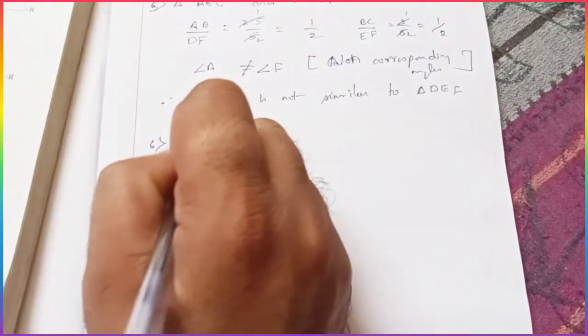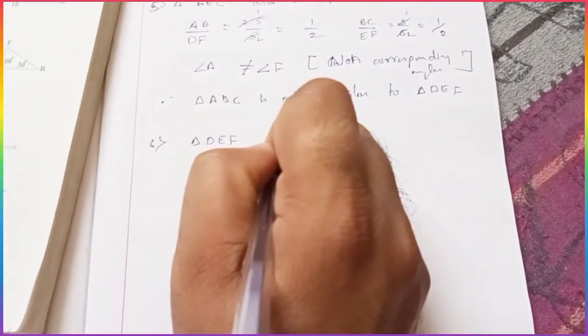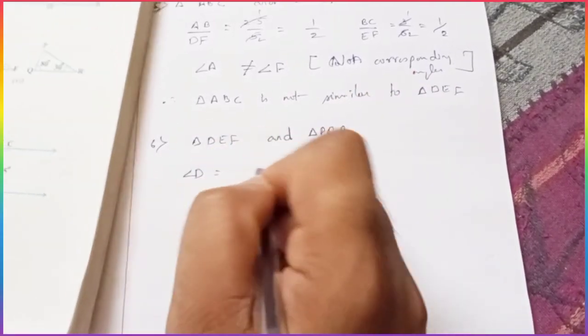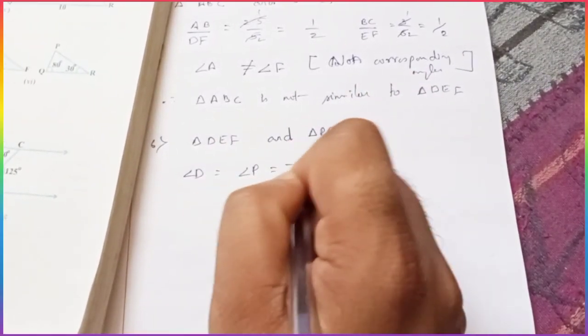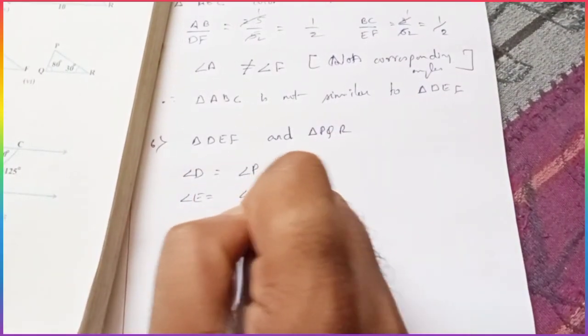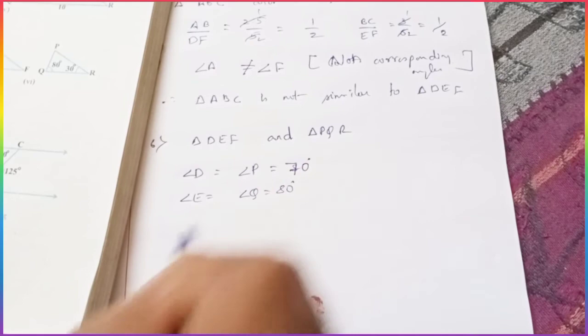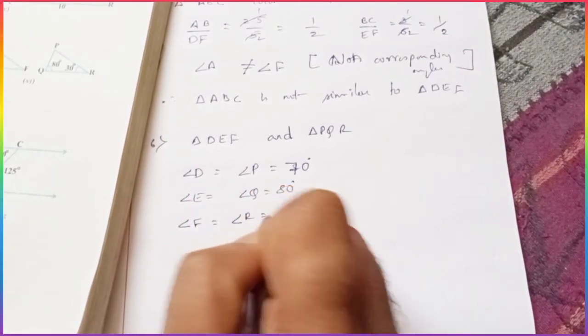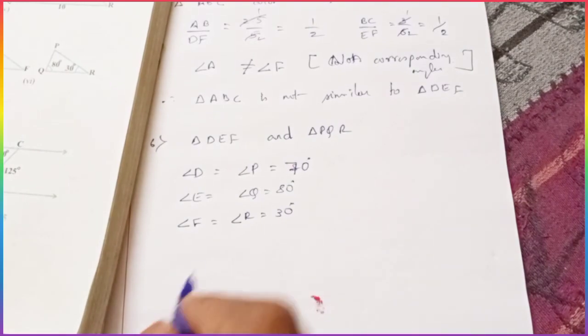We can write triangle DEF and triangle PQR. Angle D is equal to angle P, both of them equal to 70 degree. Angle E is equal to angle Q, equal to 80 degree. Angle F is equal to angle R, both of them equal to 30 degree.